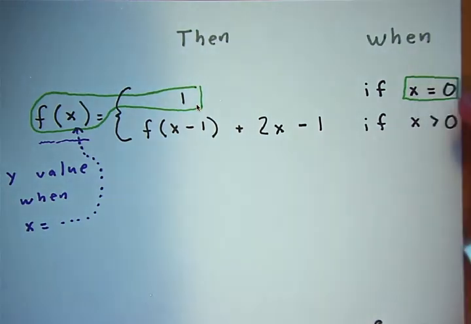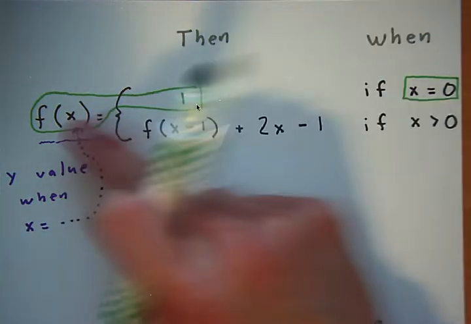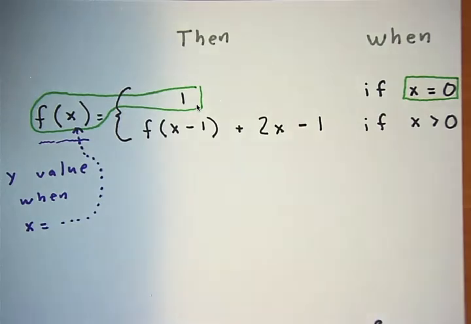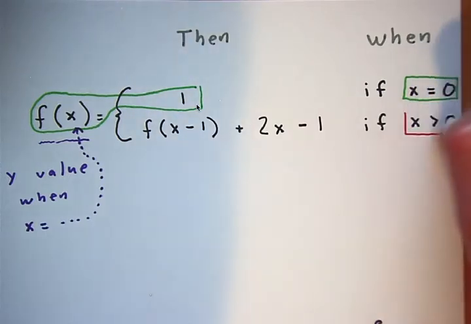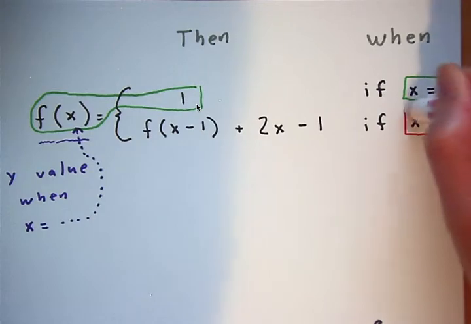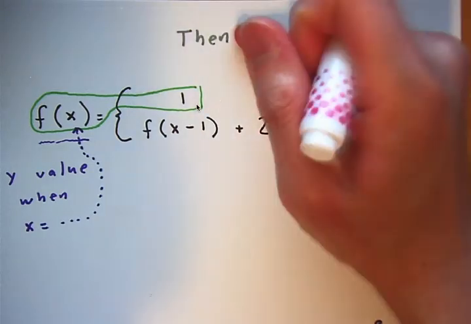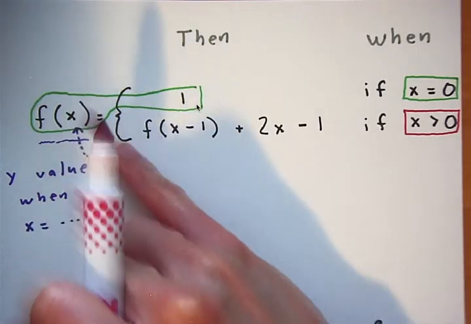So when x equals 0, then my y is equal to 1. When my x is bigger than 0, then my y is equal to this equation here.